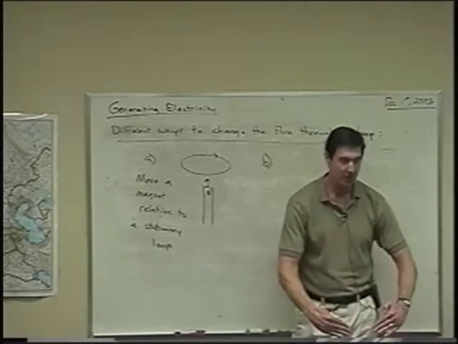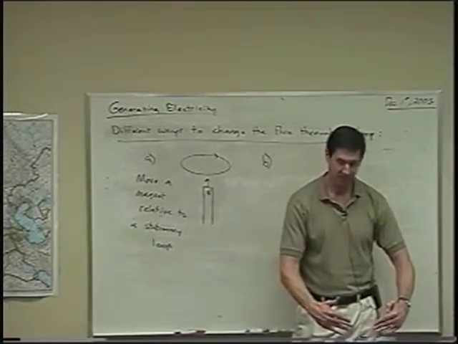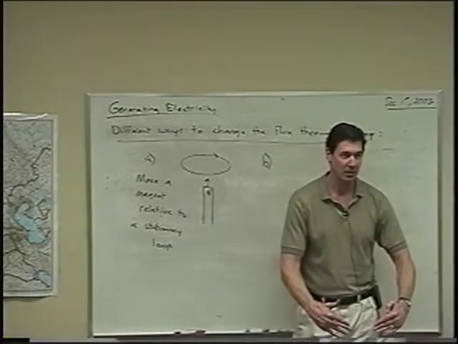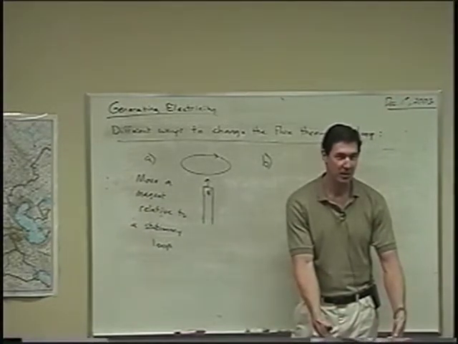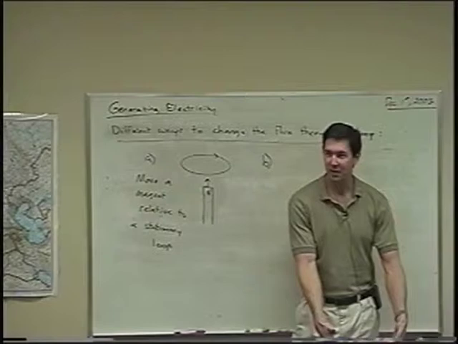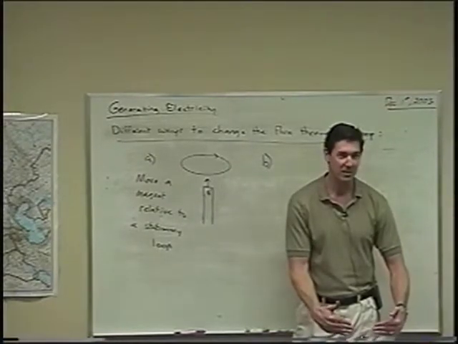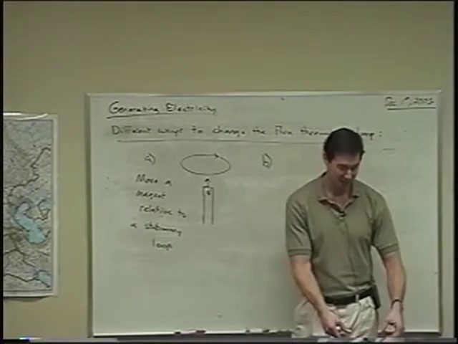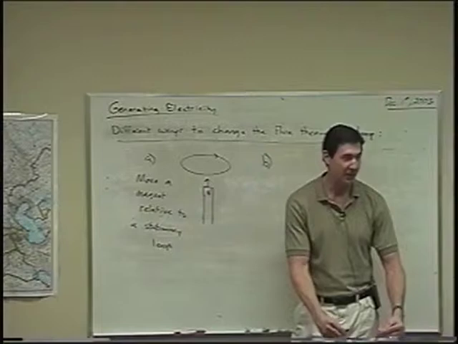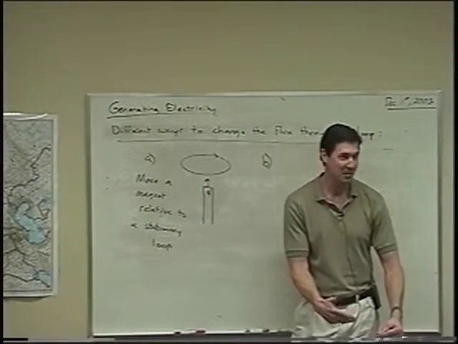Now what happens when I turn the loop sideways? It's not going through the loop at all anymore, right? I've gone from a situation where there was all this magnetic flux going through the loop to suddenly there isn't any. So it changes constantly. Then I turn it another quarter turn, and now the magnetic flux is going through the loop again.